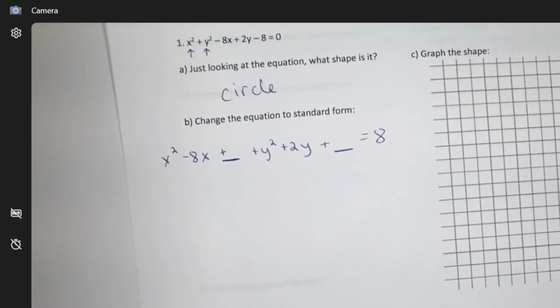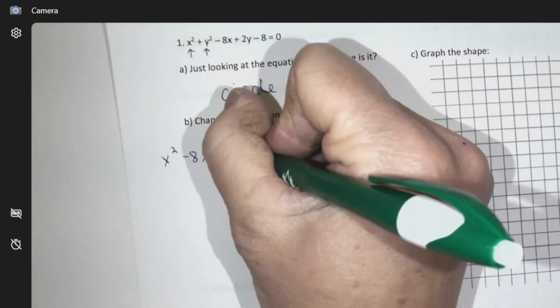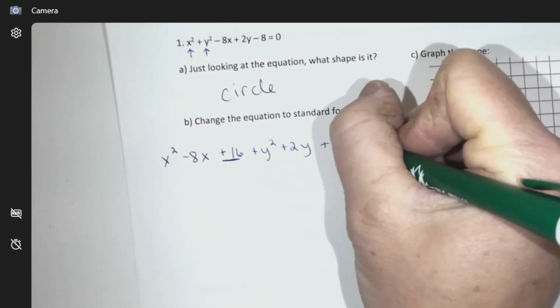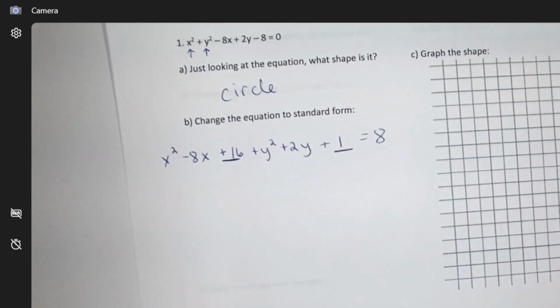So each one, you gotta do kind of separate. And what are you doing? Half, half squared. So 16. Half squared is 1. So now you should teeter-totter that.